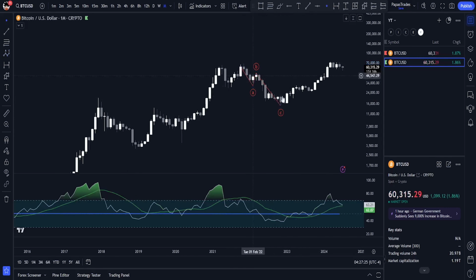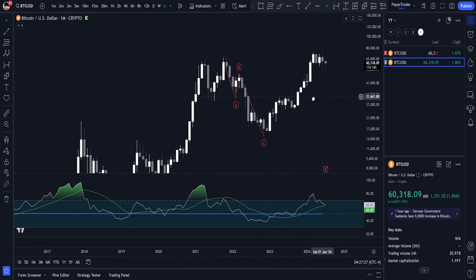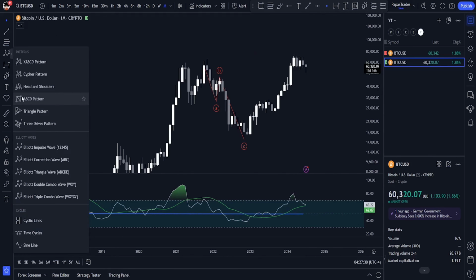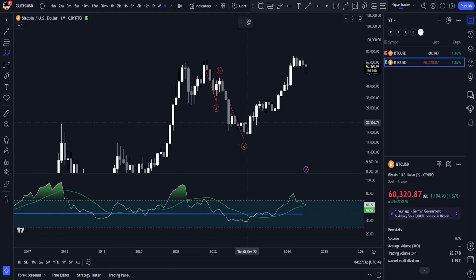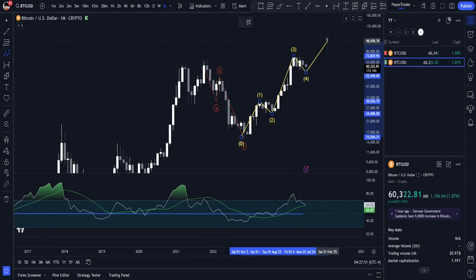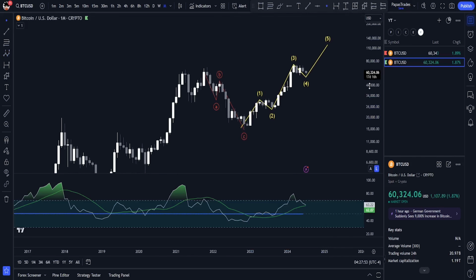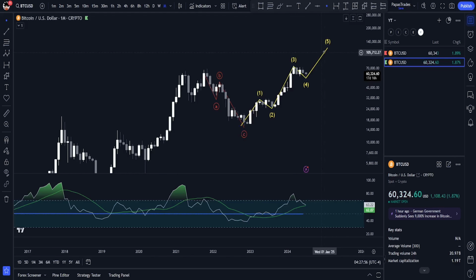Now, the bullish thing about Bitcoin is that we actually are in a 5-wave structure to the upside on a monthly time frame, which gives me more confidence to believe that we have one more move to the upside before making a significant downturn. So we had the wave 1 here, wave 2 correction, wave 3 breaking out of the previous all-time high, wave 4 correction, and wave 5. So that's where I think the price is heading, somewhere between 100 and 115 or 120,000.